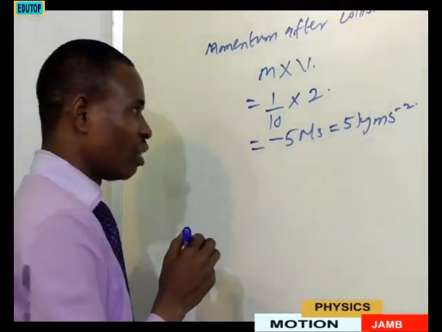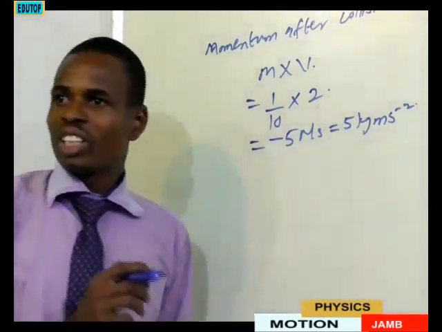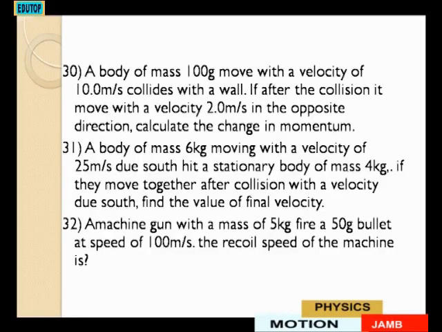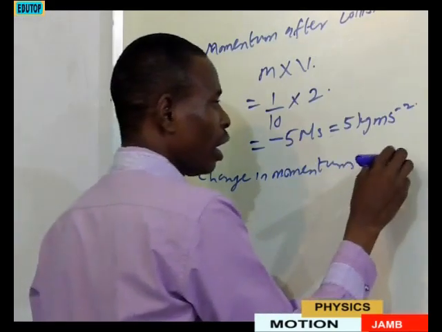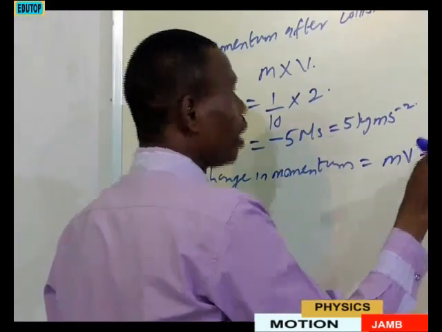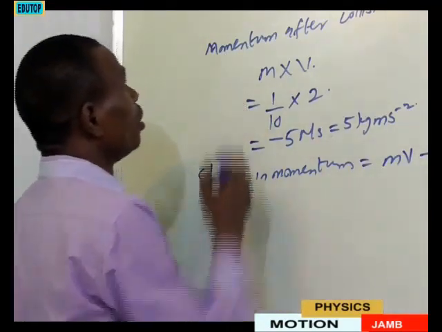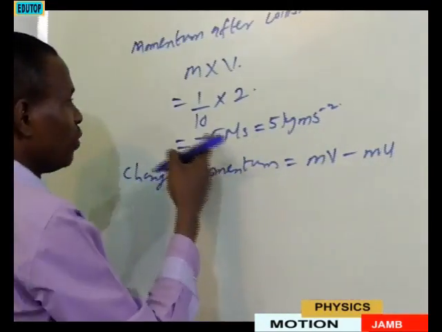In opposite direction. So now the question says calculate the change in momentum. The change in momentum will now be equal to mv minus mu. This is u, this is v.